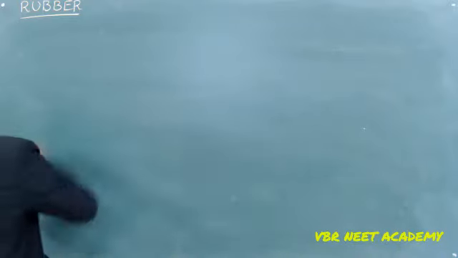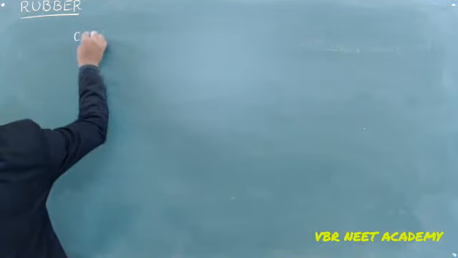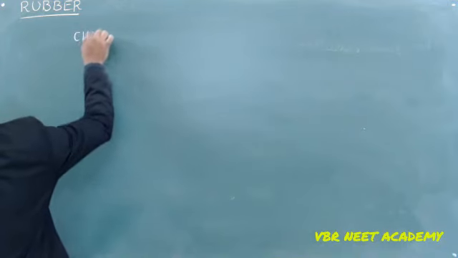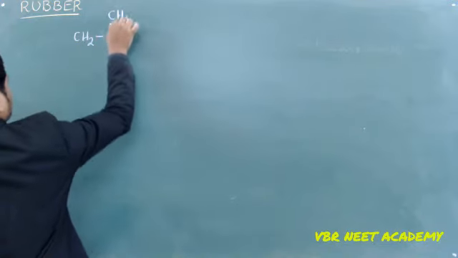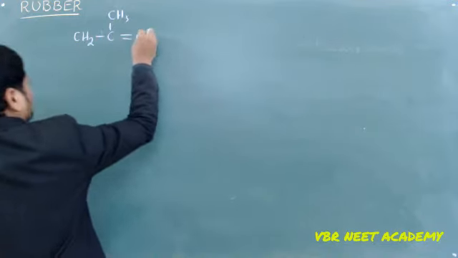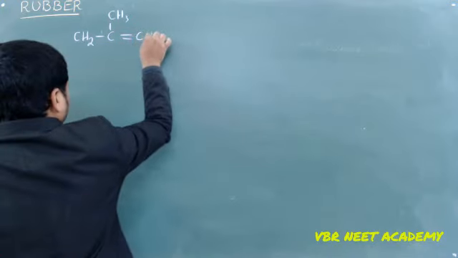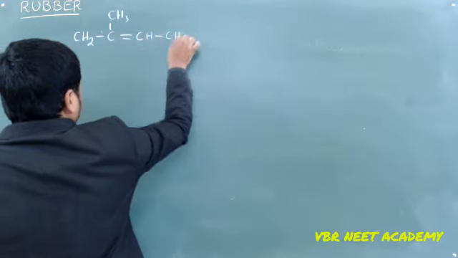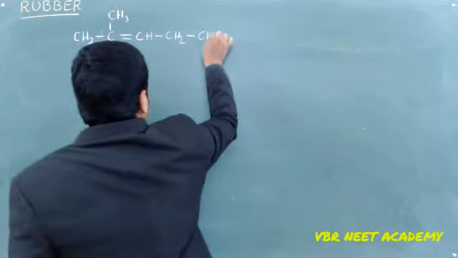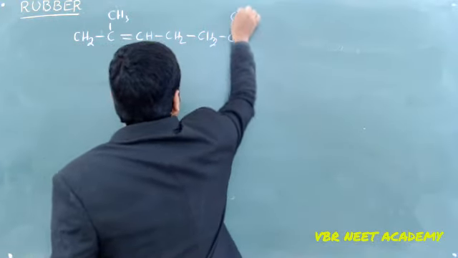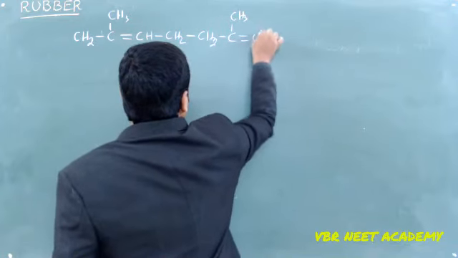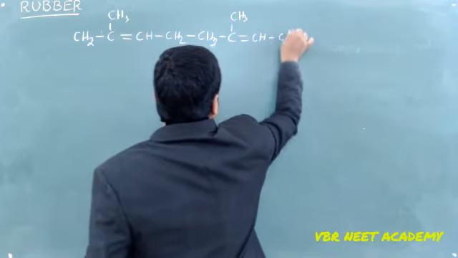For that, we are supposed to know the structure: CH2, CH3, double bond C, CH2, CH2, and again CH3, double bond CH, CH2.